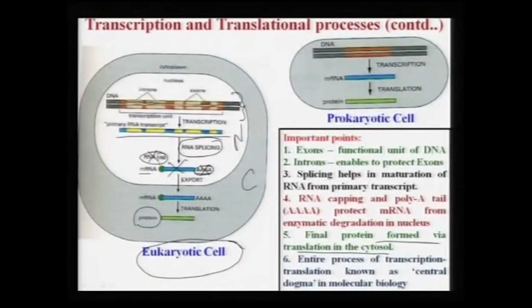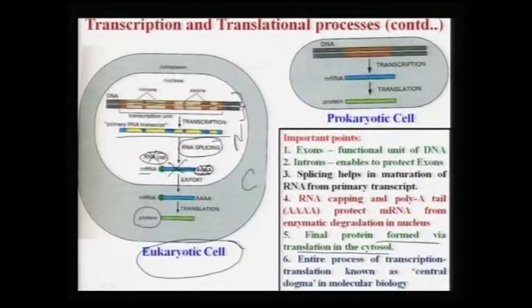So the RNA cap and poly A tail essentially protect the mRNA molecule. If there is no cap and no tail, this mRNA will be degraded by the attack from enzymes inside the nucleus.